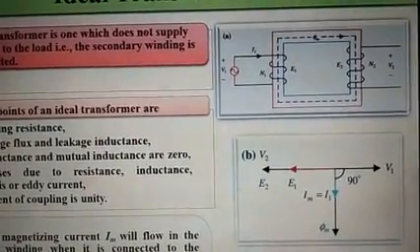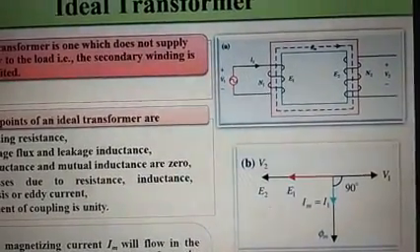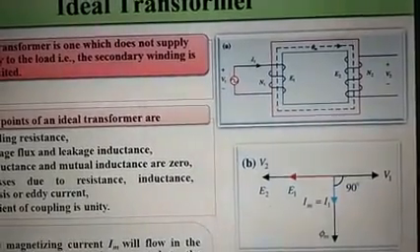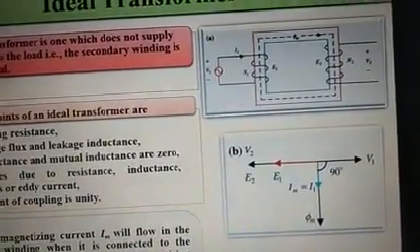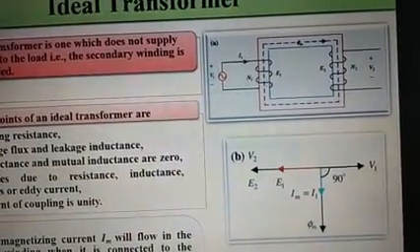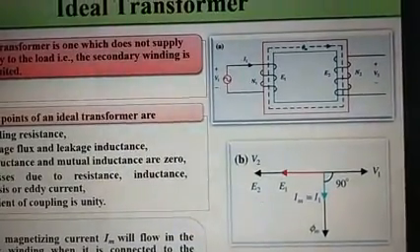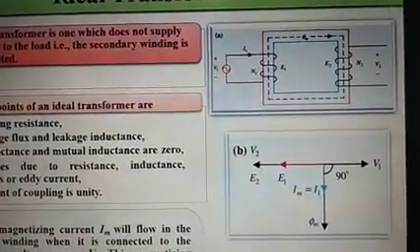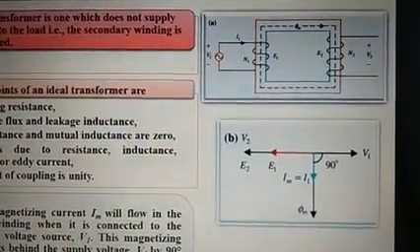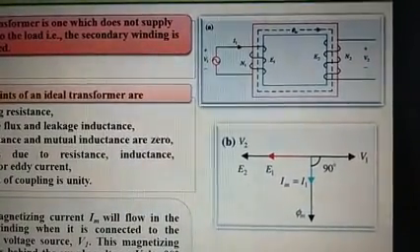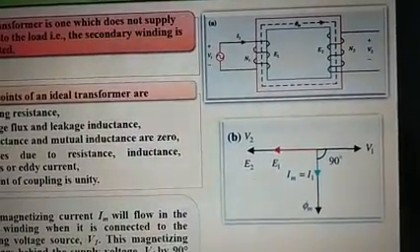I1 is equal to Im. Im is a current which induces flux phi m. So phi m is lagging behind V1 by 90 degrees, and the EMF induced in primary as well as secondary E1 is the same as V1. The magnitude of E1, which is the EMF induced in the primary winding, is the same as V1 if there is no resistance losses in the primary coil.